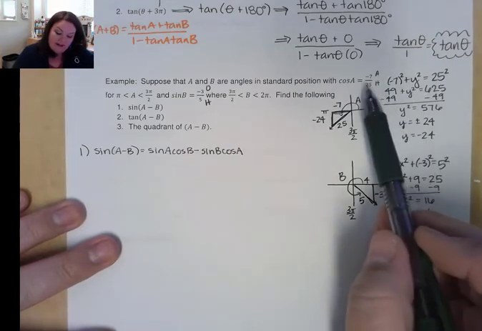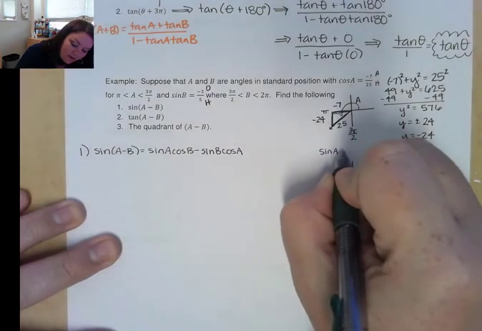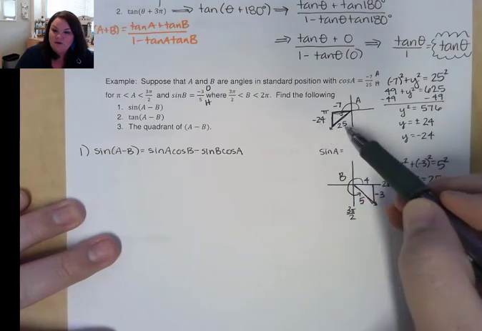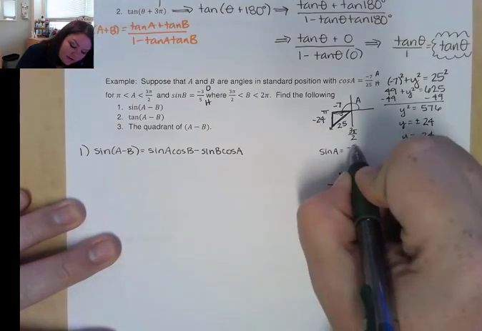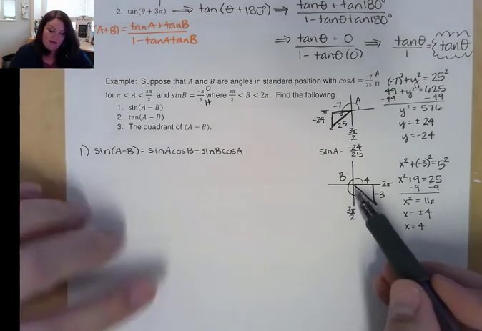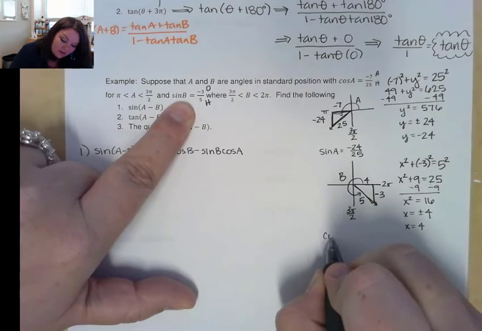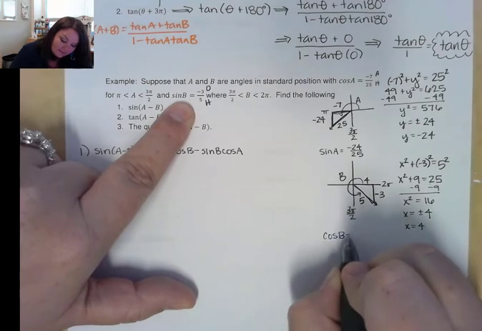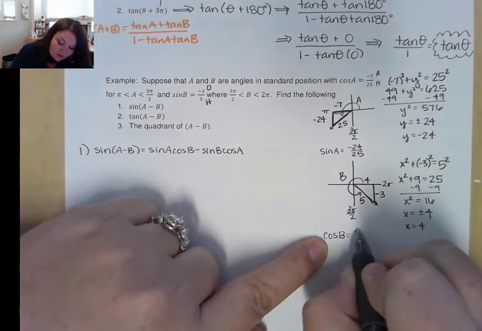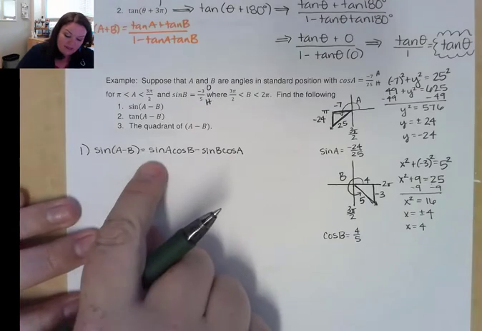So cosine of A was already given, and sine A we can find because now we know the opposite value. So opposite over hypotenuse would be negative 24 over 25. And then the same thing with B. The sine of B was given, so we just need to know the cosine of B. Cosine is adjacent over hypotenuse, so 4/5.